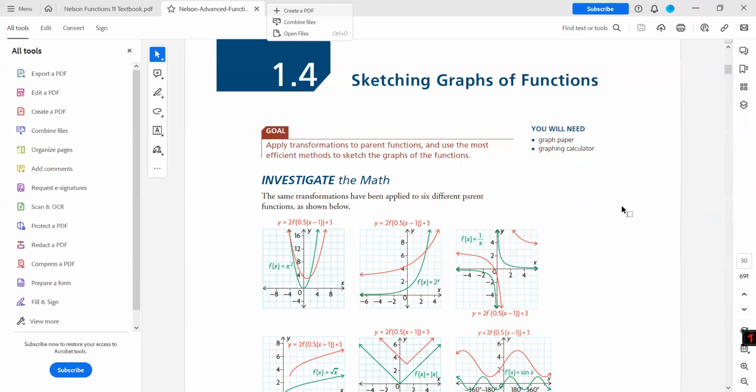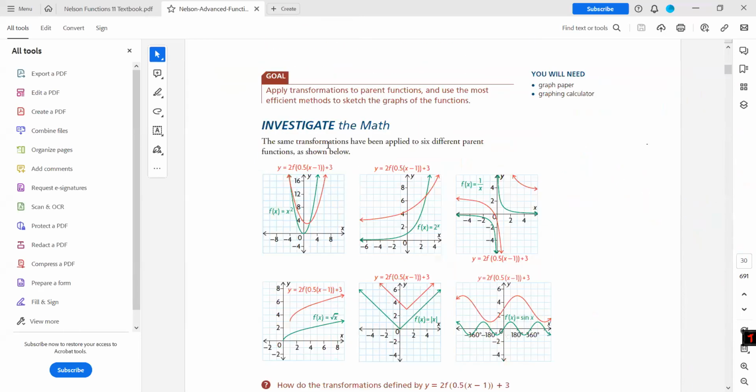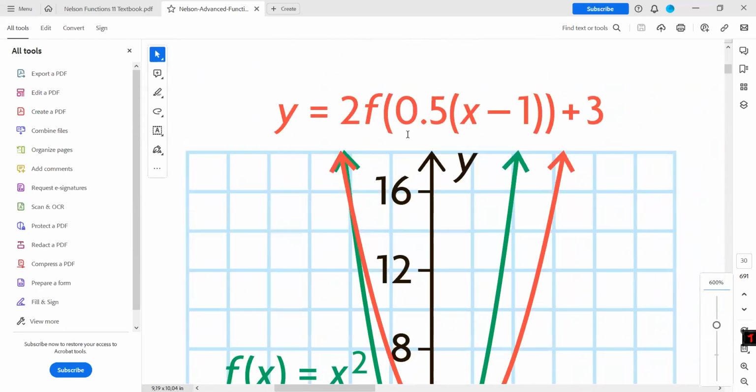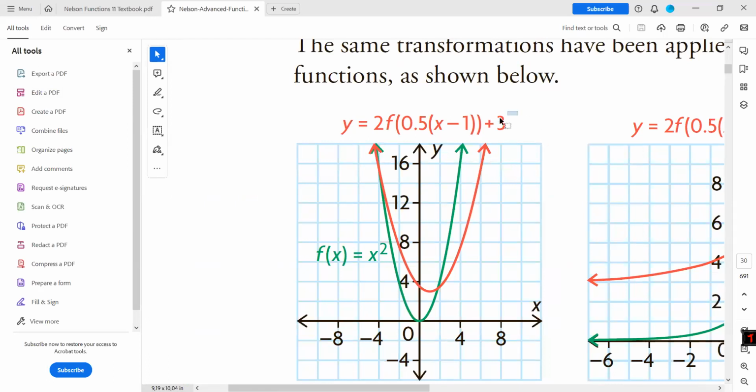Now moving on, let's see the different examples of transformations that have been made to a parent function. Here we can see a quadratic function that has been translated 3 units upwards, C coefficient, and 1 unit to the right. How to identify this? You just look at the vertex of the quadratic function.